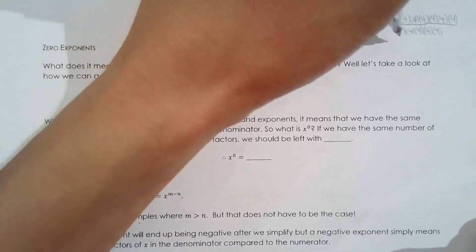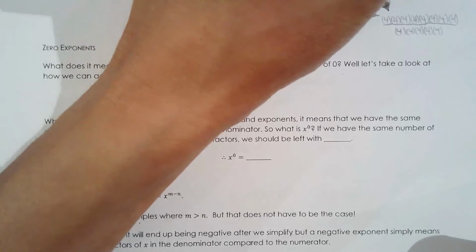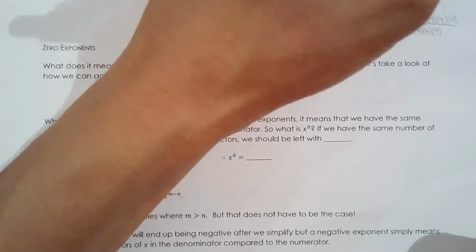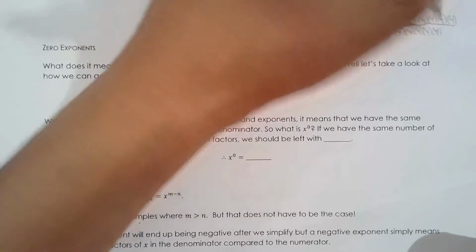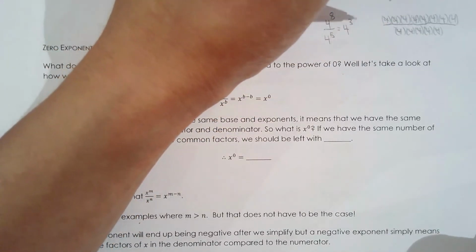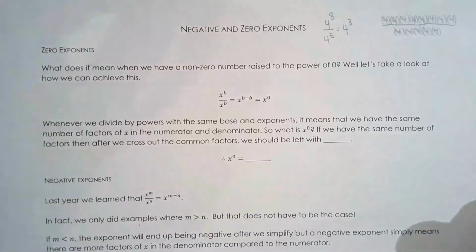So you have common factors of 4 between the numerator and denominator. How many are common? 5, right? So you lose 5 factors of 4 in the numerator, because you have 5 common factors between the numerator and denominator. So you have 3 left. So it makes sense to subtract.